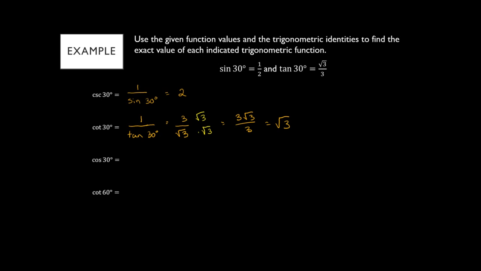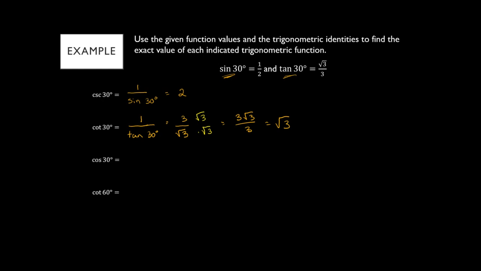So cosine of 30 degrees. So we want to use a trig identity here if possible. And let's see, trying to be creative here. I'm trying to think how to do this with one of the trig identities, because they want us to only use sine and tangent here.